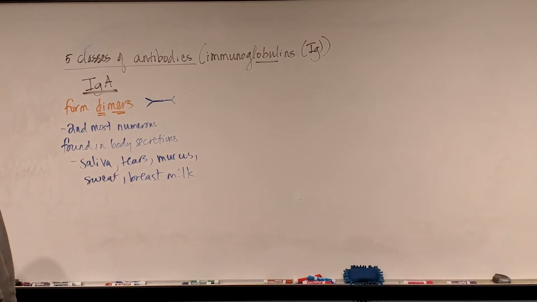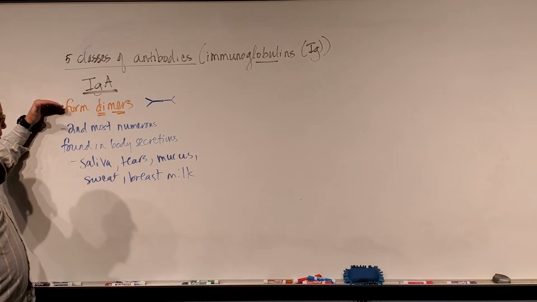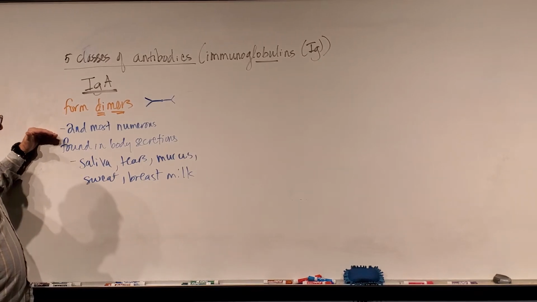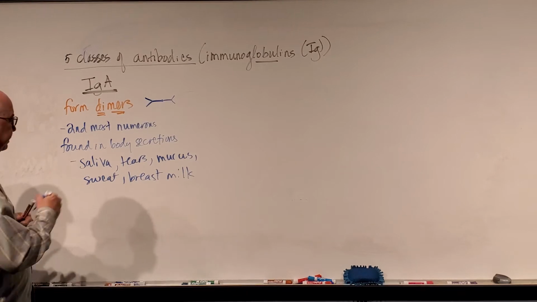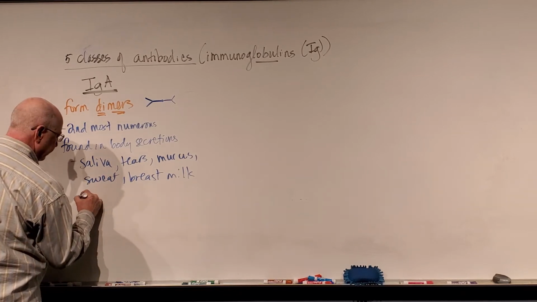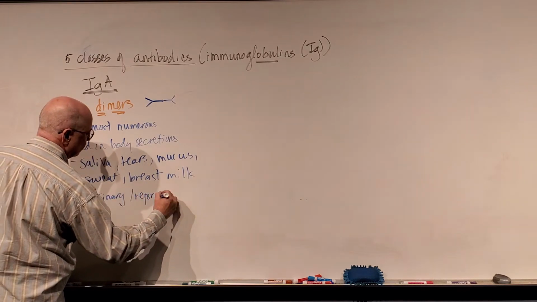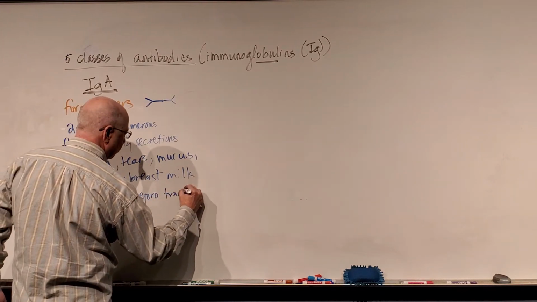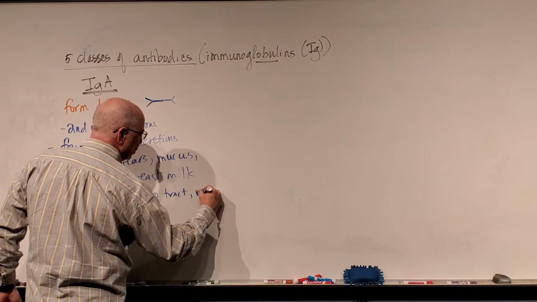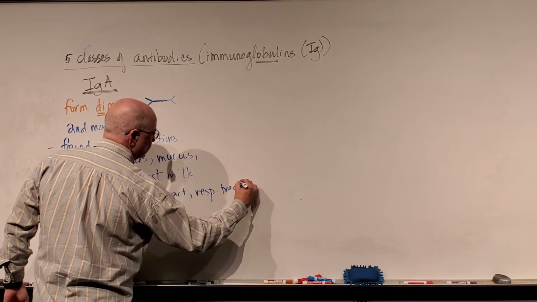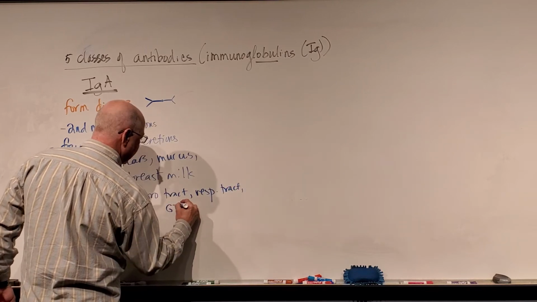So, anyway, IgA forms dimers. It's the second most numerous, and they are found in a lot of body secretions. And we usually find them like in the urinary and reproductive tract, or urinary and reproductive secretions, the respiratory tract, the GI tract.